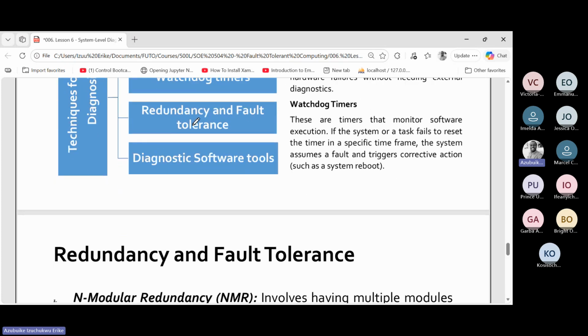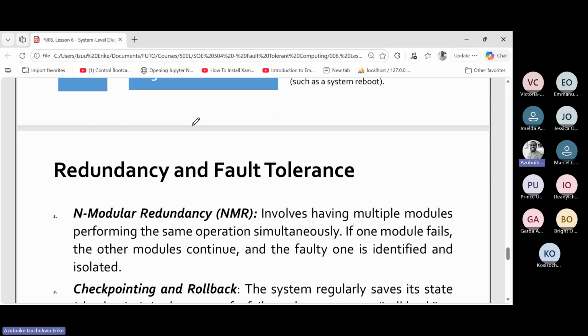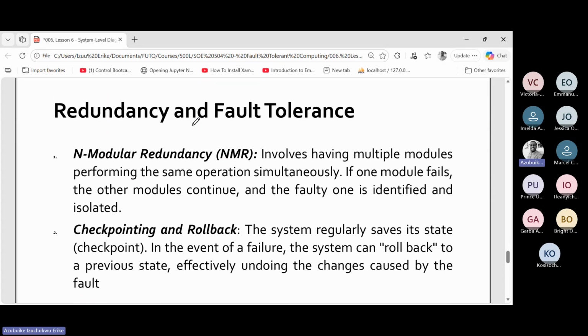And then next, we talk about redundancy and fault tolerance. Okay, so when we talk about redundancy, we are talking about putting multiple modules that perform the same operations simultaneously. So if one module fails, the other modules will continue operation.